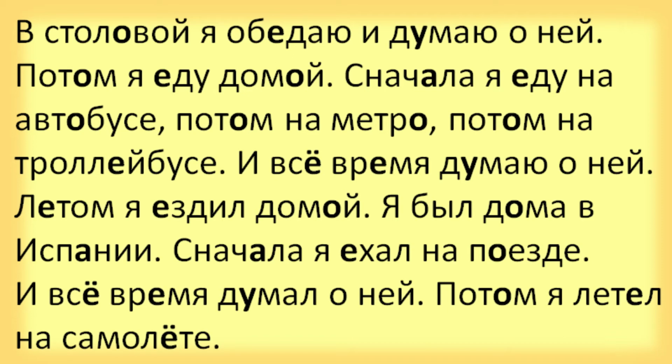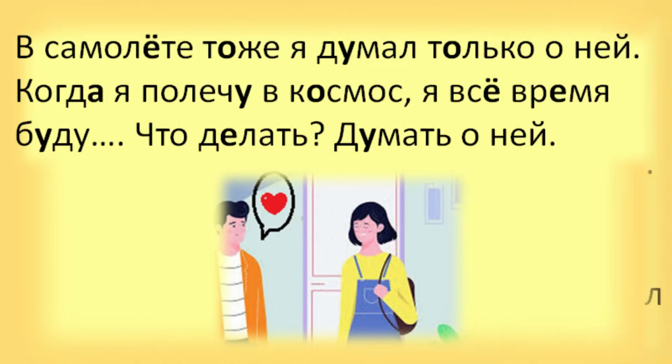Сначала я ехал на поезде. At first, I rode on the train. И все время думал о ней. And all the time I thought about her. Потом я летел на самолете. Then I flew on an aeroplane. В самолете тоже я думал только о ней.